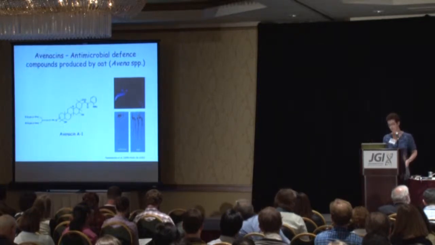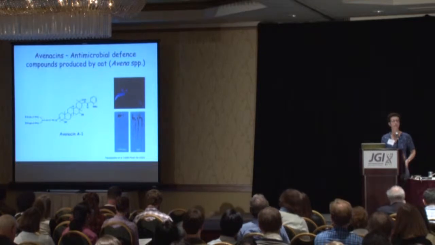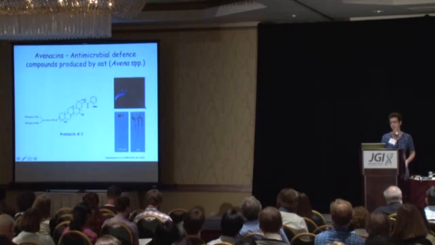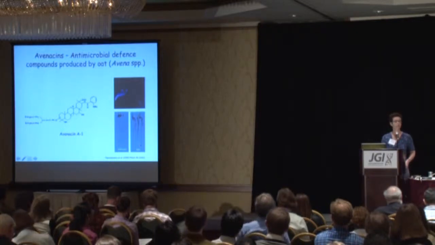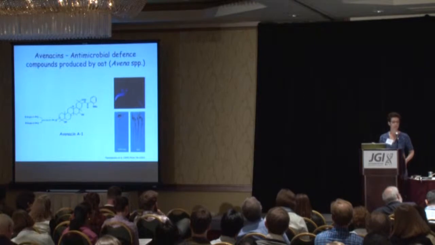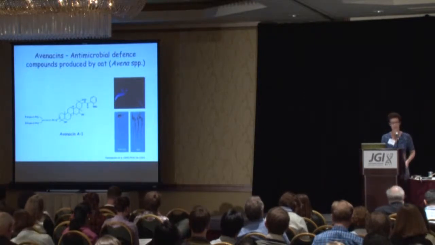And what we showed, and we published a paper in 1999 in PNAS, is that mutants that do not make the fluorescent blue stuff have enhanced susceptibility to disease, which you can see down here. This is a fungus that's a major problem on wheat. It doesn't infect oats, but if you take away this fluorescent stuff, then it does. So we proved the point that Elizabeth Turner had proposed, which was that this compound was providing protection.